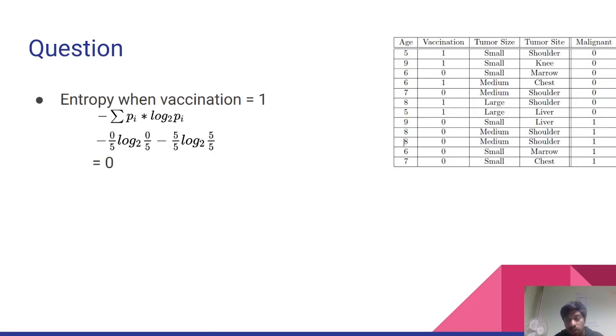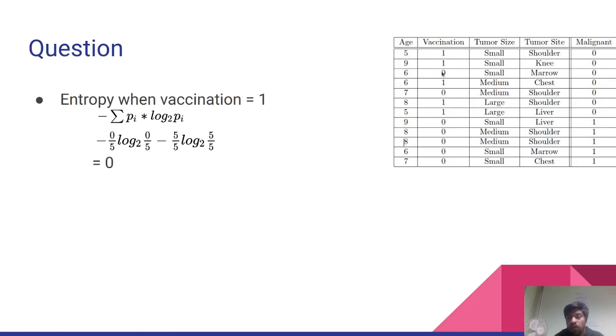Can you please repeat how you got 0 by 5 and 5 by 5? Okay, so I am trying to calculate here. We have vaccination equal to 1, so we are just considering the vaccination values here.